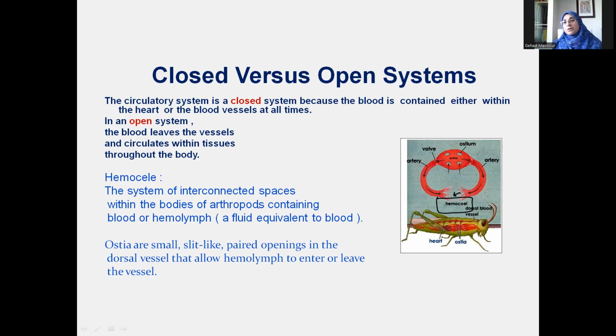The cells will take this and deliver carbon dioxide to the fluid again.